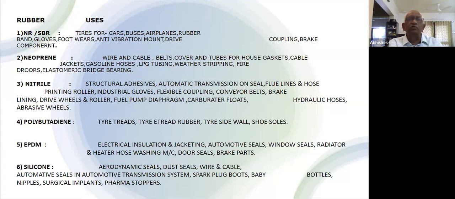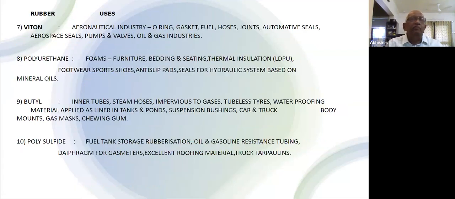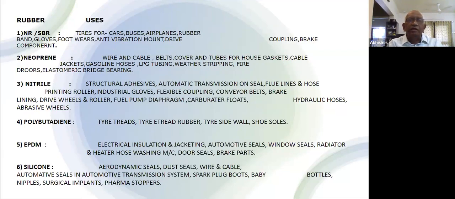Polybutadiene, as I told you, is always in combination with NR and SBR, basically for tire tread and tire sidewall and some shoe sole applications. Next is EPDM. EPDM, as I told, is ethylene propylene diene monomer. It is used for electrical insulation, jacketing, automotive seals.